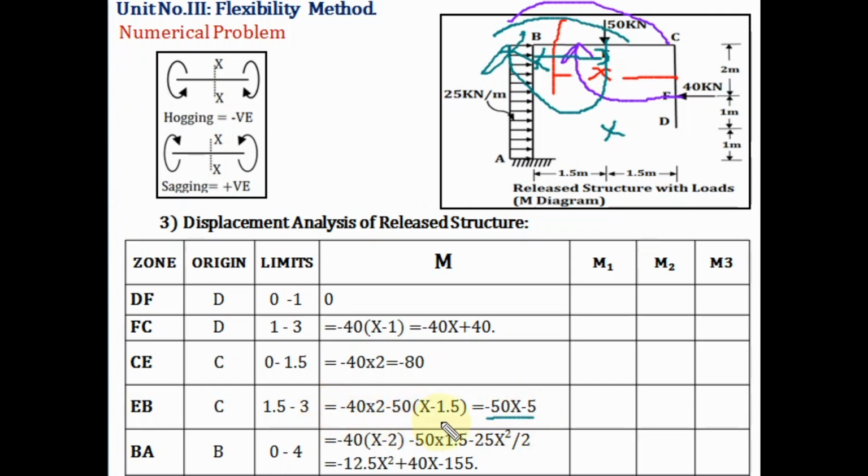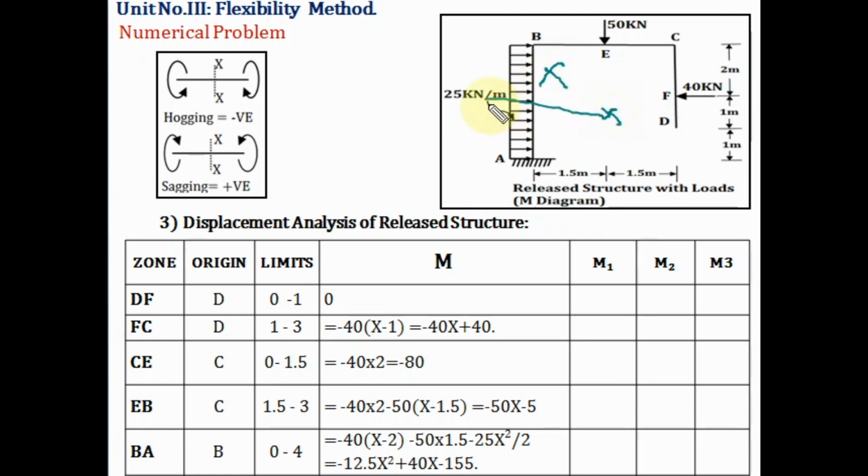Now next, taking the section in region AB. This is the section XX. Measuring X from where? Here X is measured from B. Here the first force, it is very important, is minus 40.